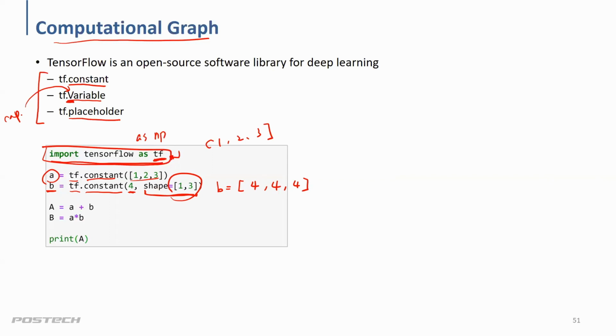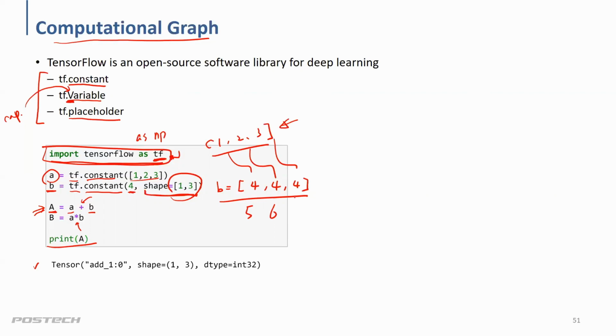Since we defined arrays, you can think of them as arrays or vectors, and with tf.constant we can do mathematical operations. For example, here we have plus, and this one is multiplication. Suppose we do the plus operation, small a plus small b, store it in capital A, and print it out. We expect that if we add these two element-wise, we get 5, 6 and 7.